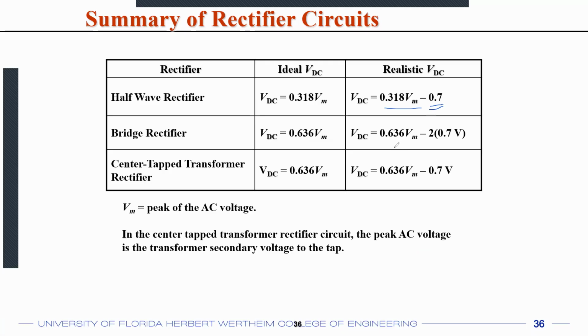For the bridge rectifier, you have 0.636 times Vm minus 2 times 0.7 volts, because there are two diode drops in a bridge rectifier, so you subtract 1.4 volts from whatever DC you create. For a center tap transformer rectifier, you have only one diode drop. That is the reason why, for a realistic scenario, assuming that the transformer is ideal, the center tap transformer gives you a higher amount of DC voltage.